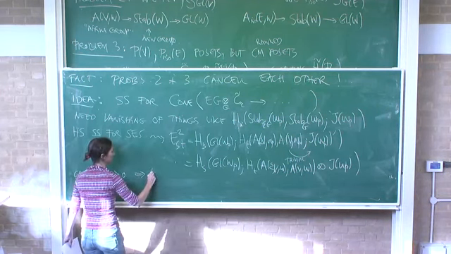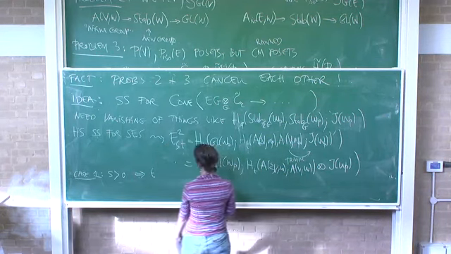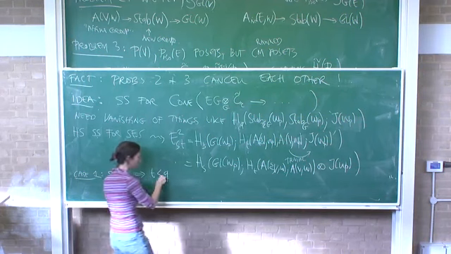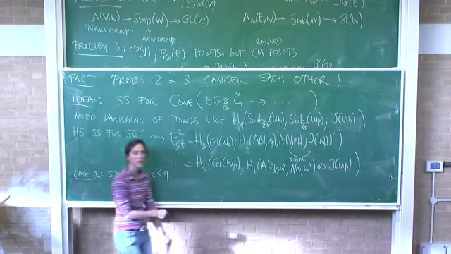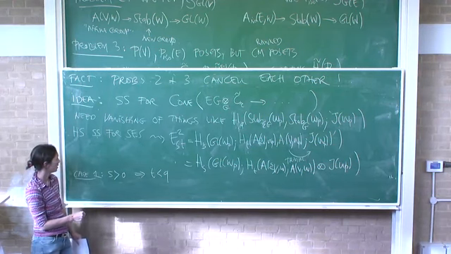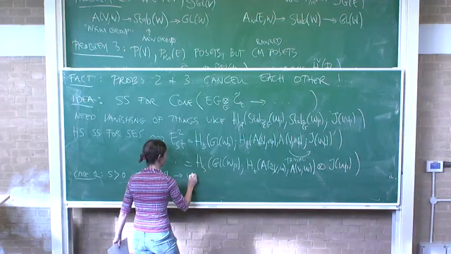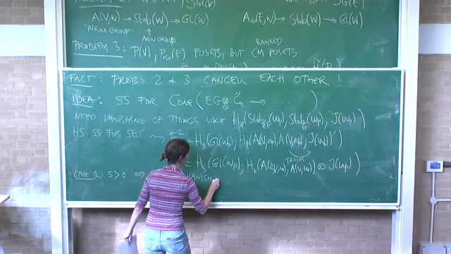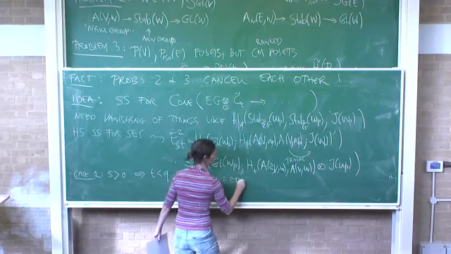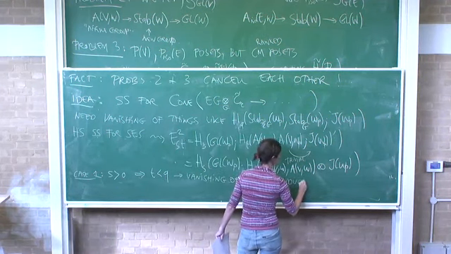Then T, if this was our HQ, now I can call it Q, is strictly smaller than the degree we are interested in, because the sum of these two is Q. And so we get a vanishing of this by induction.